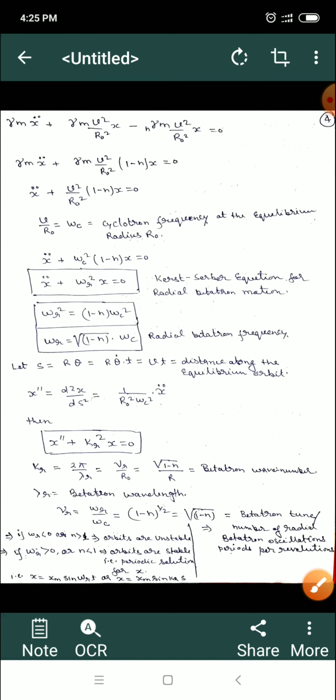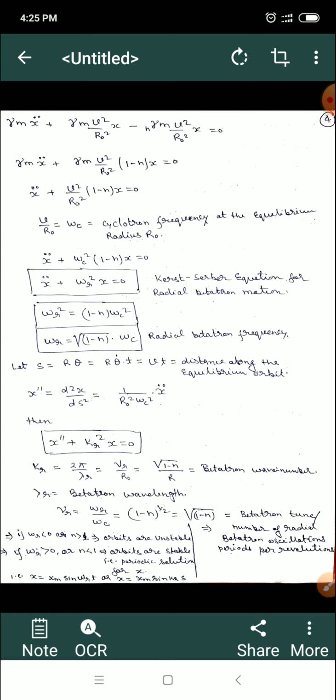So when a charged particle moves in a circular path, there will be radial oscillations, and the orbit will be stable when the field index is less than 1. If the field index is greater than 1, then the orbit will not be stable. So this is one condition.